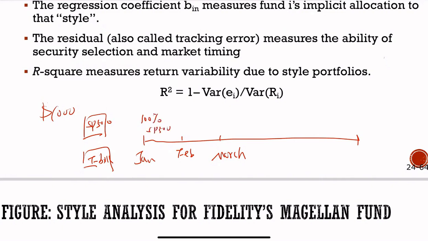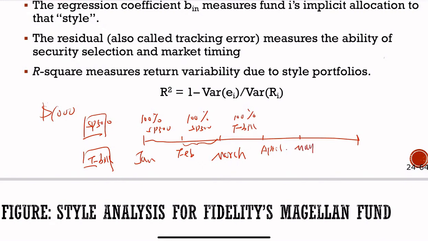And then I predict in February the market will continue to increase. So again, 100% S&P 500. And then I predict in March the market will drop, so I will exit and put 100% in T-bill. And next, in April, I'm not so sure.